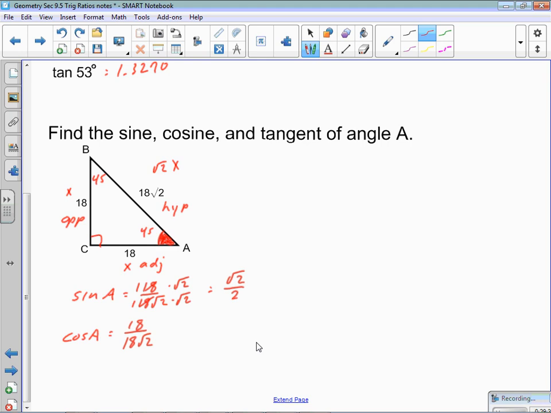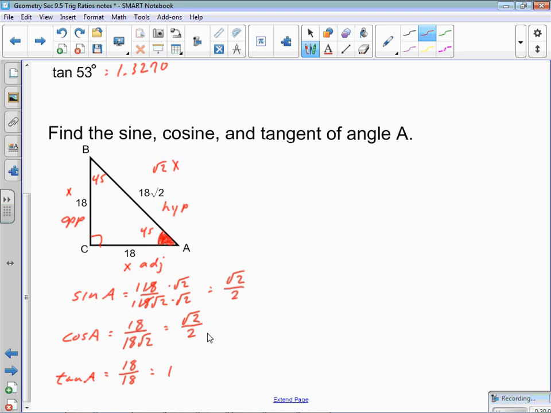So 18 over 18 square roots of 2, which we know ultimately is the square root of 2 over 2. And the tangent of A is going to be the opposite over the adjacent, or 18 over 18 is 1. Right?